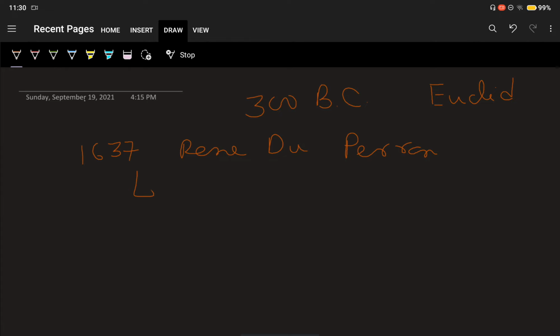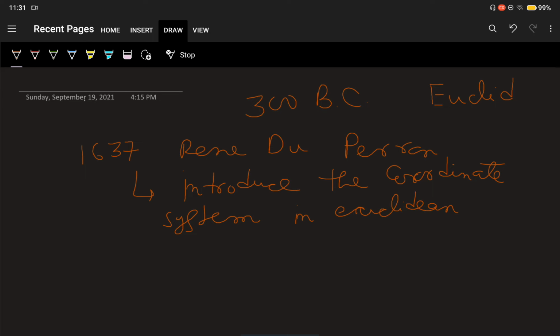Then in 1901, the mathematicians Ricci and Levi-Civita introduced the curvature tensor and so on.